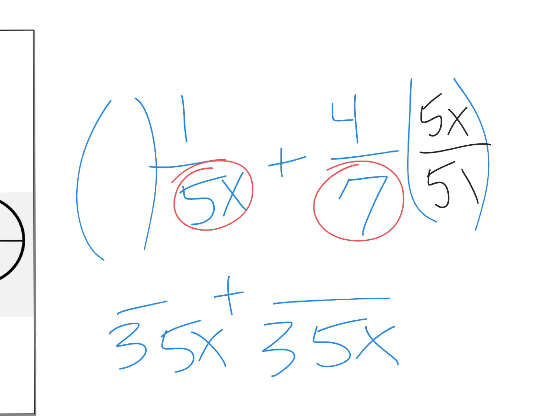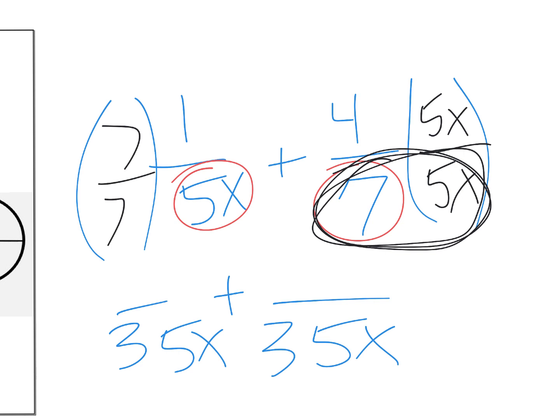Multiply by 5x, because that'll get me 35x. You just keep looking here and say, is this getting me what I want? It is. So Dylan, instead of just multiplying by 7/7, I'm going to multiply by 7x, which makes 35x. See, I get 35.